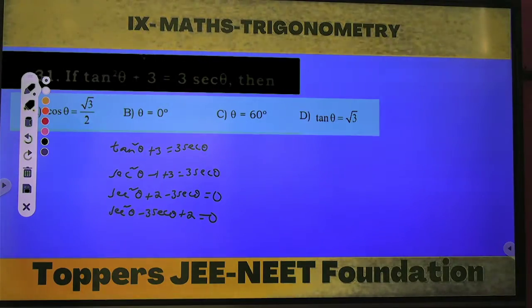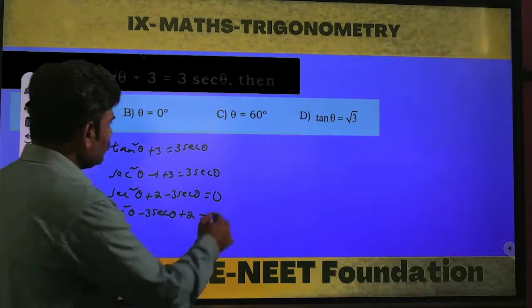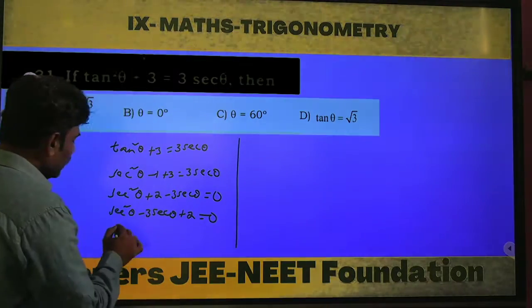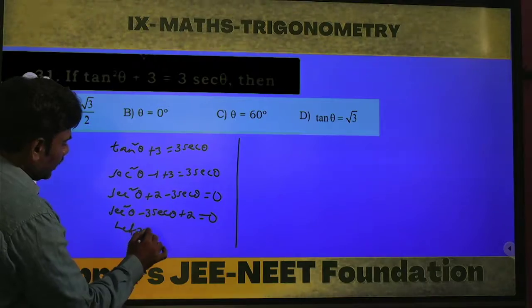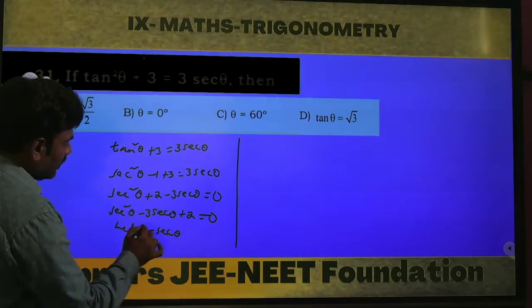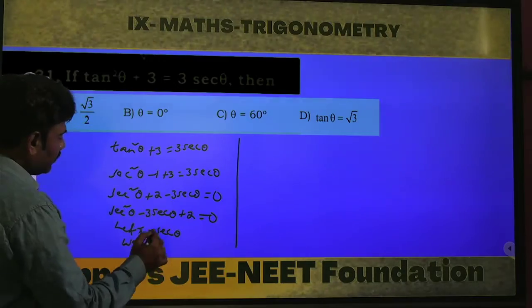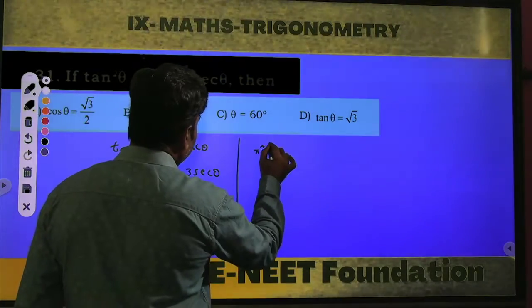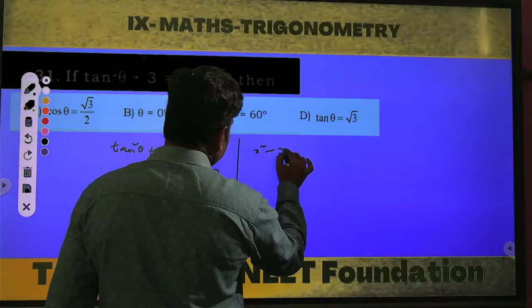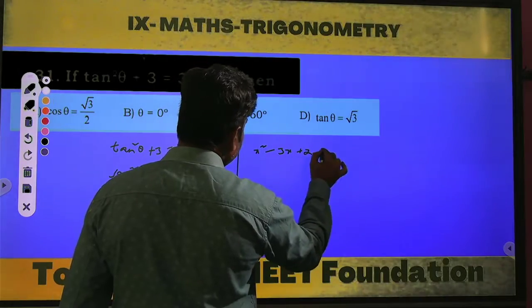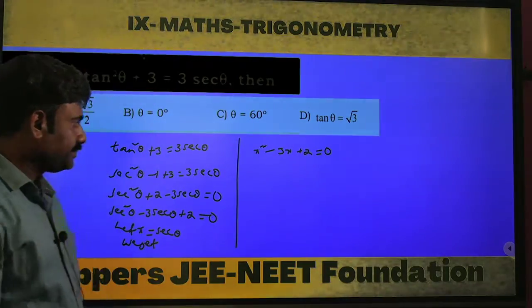Okay, let us find the factors. Let x is equal to secant theta, then we get x square minus 3x plus 2 is equal to 0.